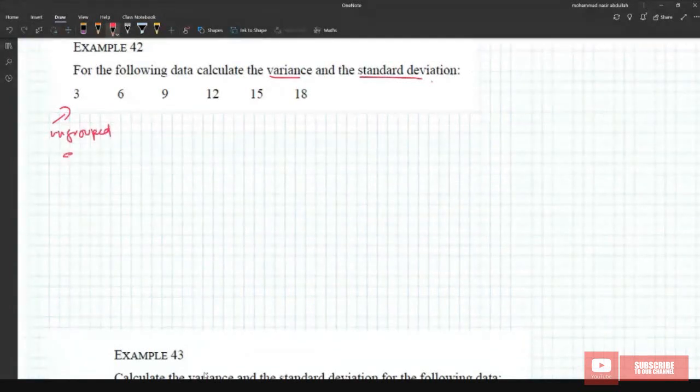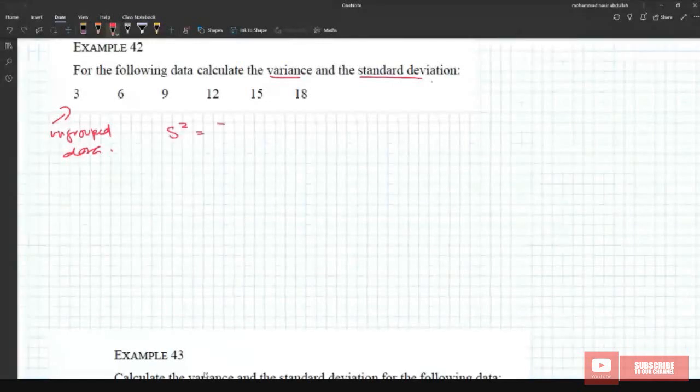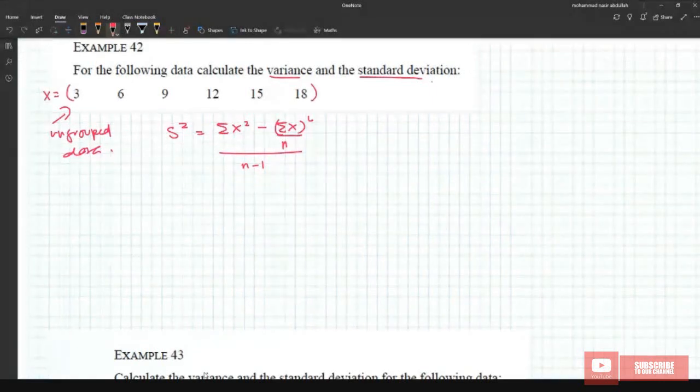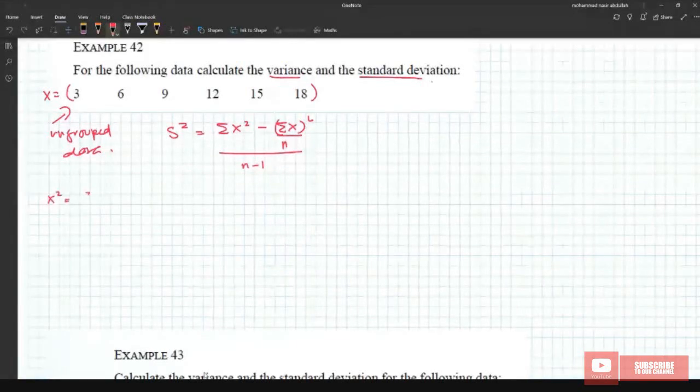So for ungrouped data, s squared is equal to summation of x squared minus summation of x, all squared, divided by n, all divided by n minus 1. Right? So this is the x value, and then you need to find x squared.